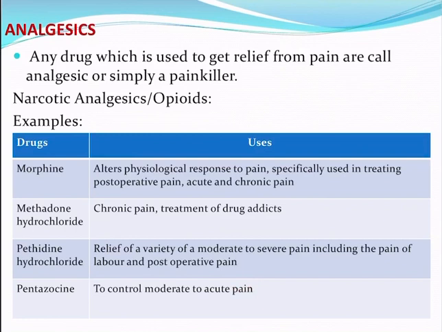Acute pain means what? Acute pain is a type of pain that typically lasts less than 3 to 6 months. Such pain is called acute pain. That means it is not cured in a very fast manner. It is the pain which persists and will last for 3 to 6 months. It is a long process. So during this time, to avoid feeling that pain, we should take some drugs.